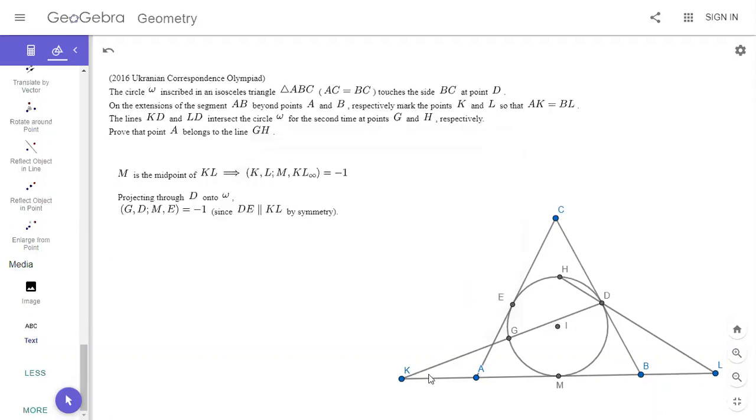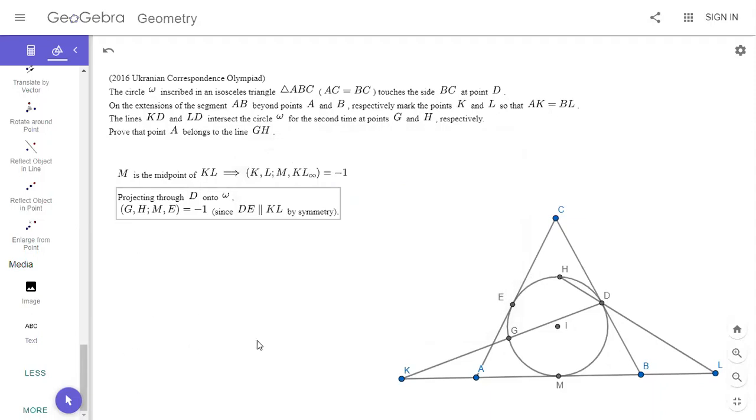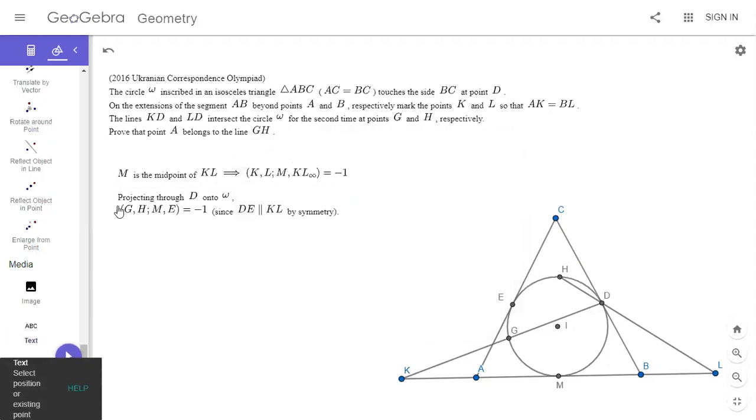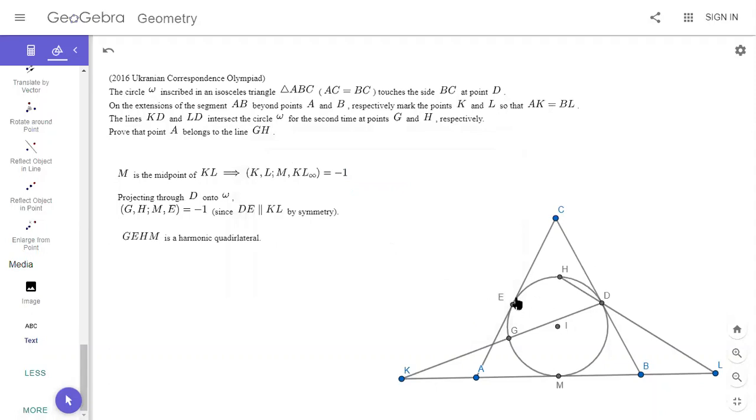And so GHME, GEHM is a harmonic quadrilateral. And so that means that the tangents to omega at E and M concur.